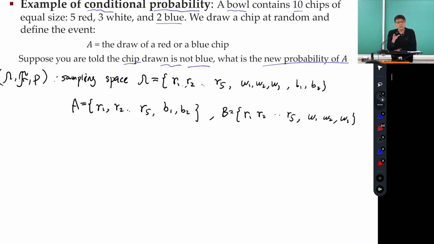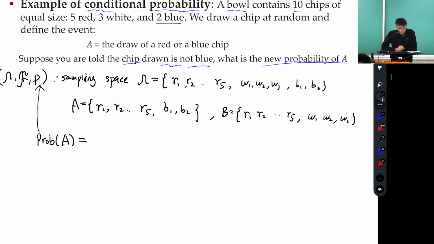You have to be able to convert a problem described to you as a real-world example into some mathematical formalism. So I'll ask you, what's the probability of A? This is the original probability before you are told that B occurred.